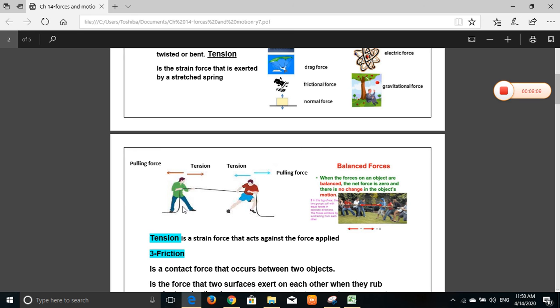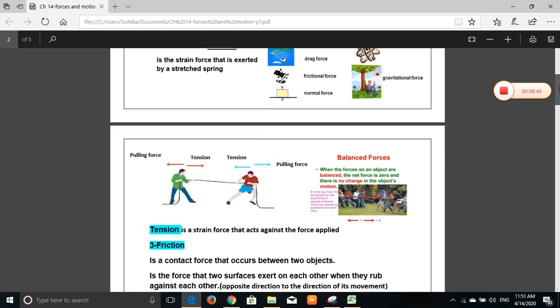They stand against each other. They exert a tension force because one wants to pull the rope and the other boy also wants to pull the rope. Both of them exert tension force in opposite directions. This is a pulling force and this is a pulling force on the opposite side. The result is tension force.